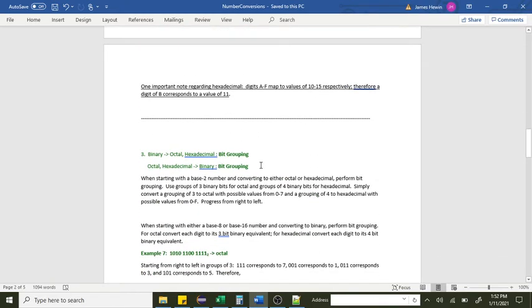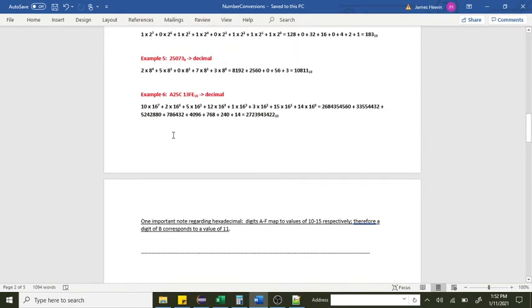And again, in this instance I have an A, so I replace that with 10. When I have C, I replace that with 12. And then F I replace with 15, and E I replace with 14 when I'm actually doing the numeric computations.